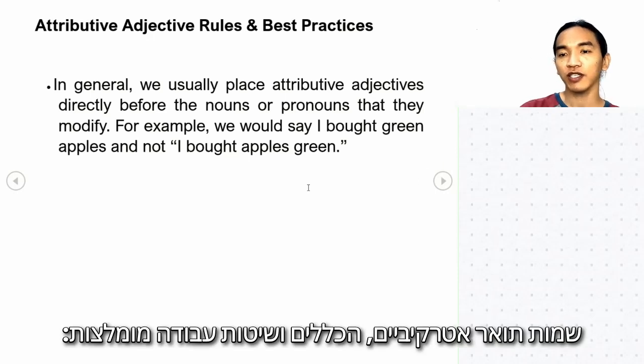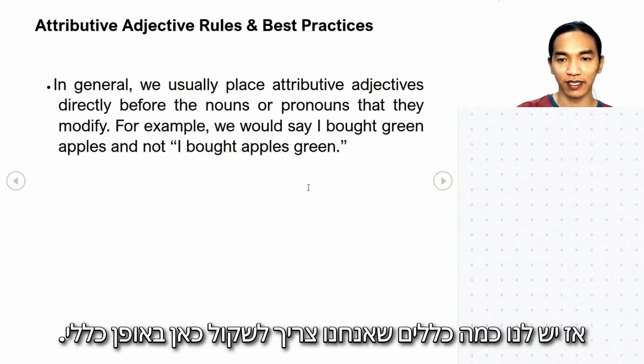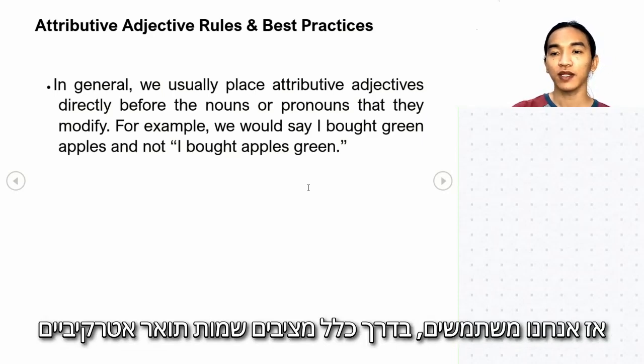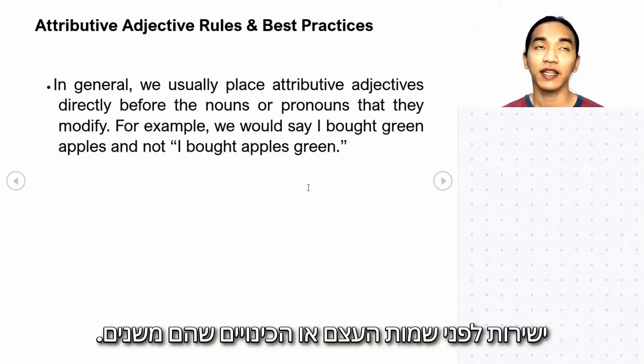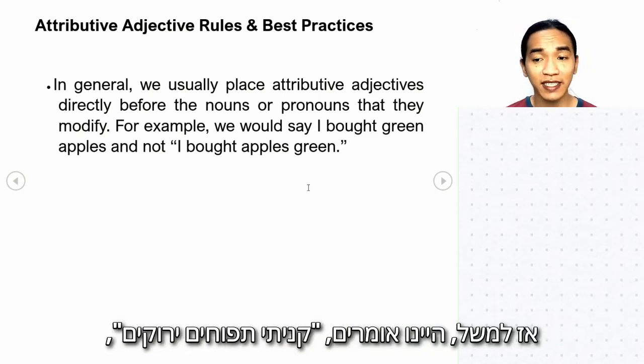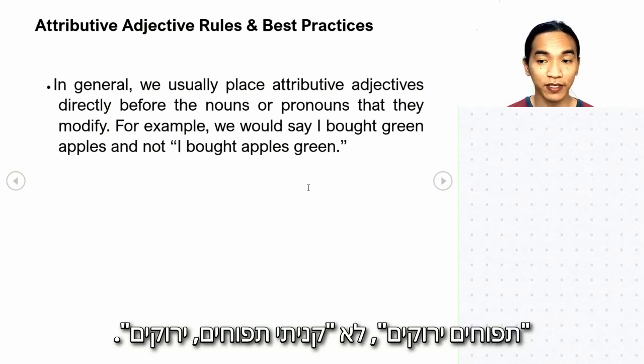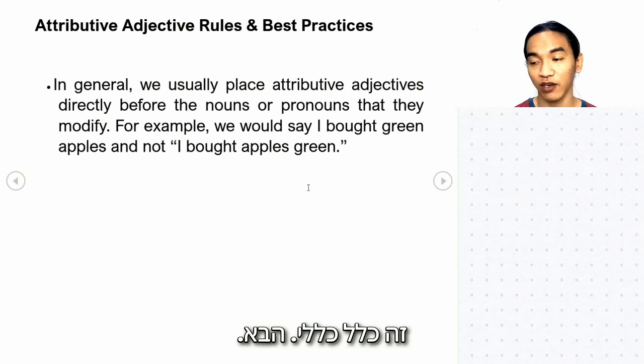So, attributive adjective rules and best practices. We have some rules that we have to consider here. In general, we usually place attributive adjectives directly before the nouns or pronouns they modify. For example, we would say I bought green apples, not I bought apples green. That's a general rule.